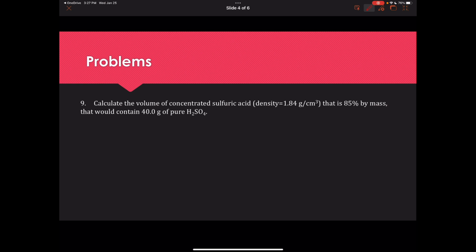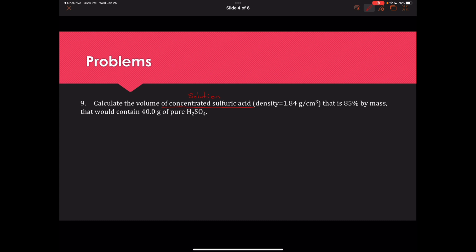So, concentrated sulfuric acid, that's my solution. If we're not told anything, we're assuming our solution is aqueous. So to get that concentrated solution, we're looking at H2SO4 being dissolved in water.